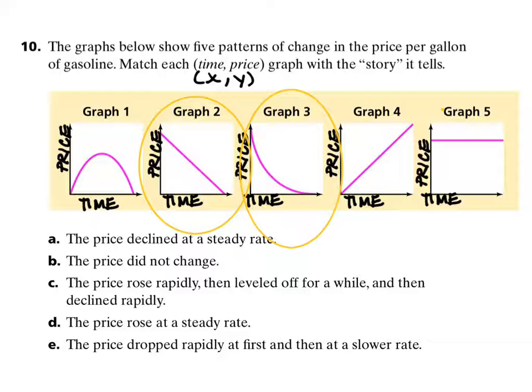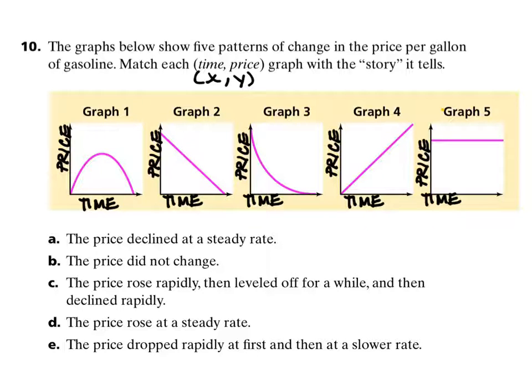Those are the only 2 graphs that start out as a decline. So for A, decide if you're using graph 2 or 3. Now again, we're writing these on a separate sheet of paper just like we did on number 8, so you can see that sketch and graph organization.